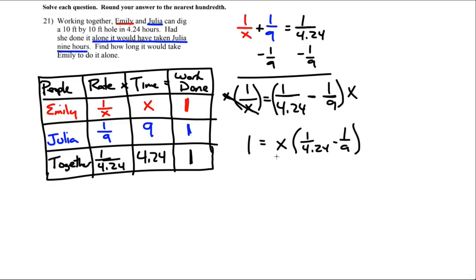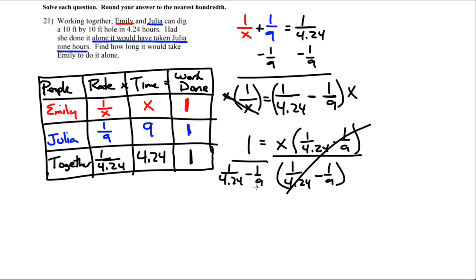So if I take this whole thing and divide by 1 over 4.24 minus 1/9, then this whole thing cancels, and on this side I have 1 over 4.24 minus 1/9. Okay, so now I know what x is. I just have to put it into a calculator to calculate the whole thing. So if I take 1 divided by 4.24, I take that, and then I subtract out 1/9.